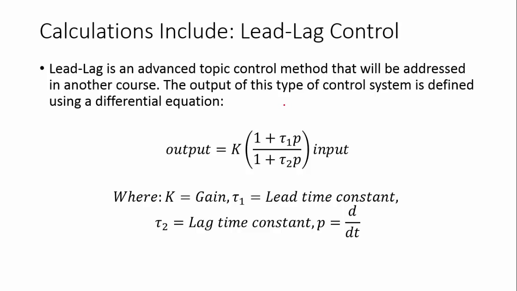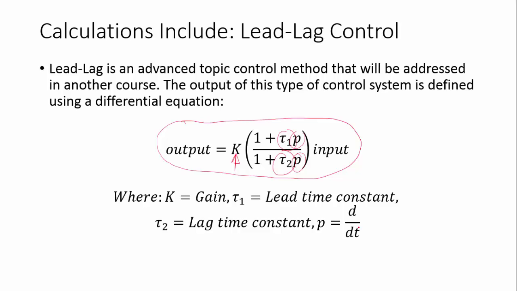But the output of this type of control system is defined using a differential equation. This right here is the differential equation used to do lead lag, where again K is gain, tau 1 is the lead time constant, tau 2 is the lag time constant, and this P is the Heaviside operator, which is the derivative.